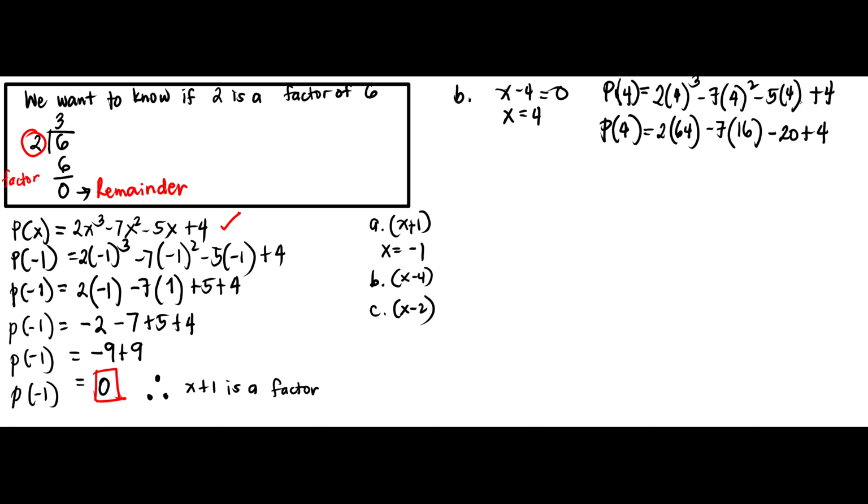Negative 5 times 4. Next, so, that's 2 times 64. The answer would be 128. So, this is negative times positive, that's negative. 7 times 16, that is 112. Minus 20 plus 4. So, left to right.